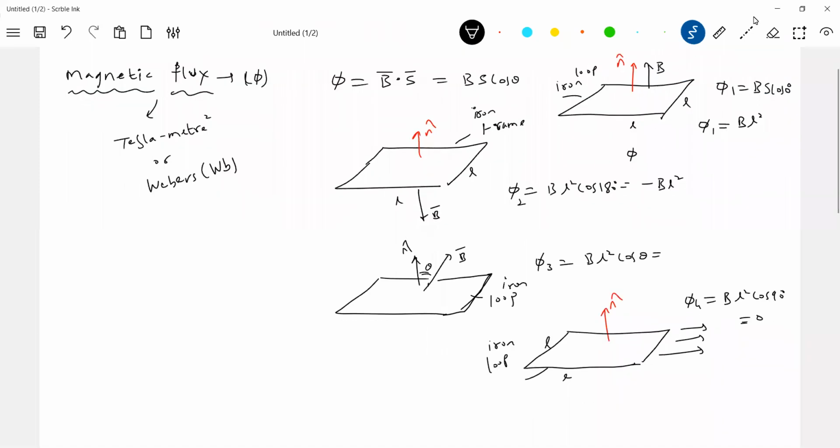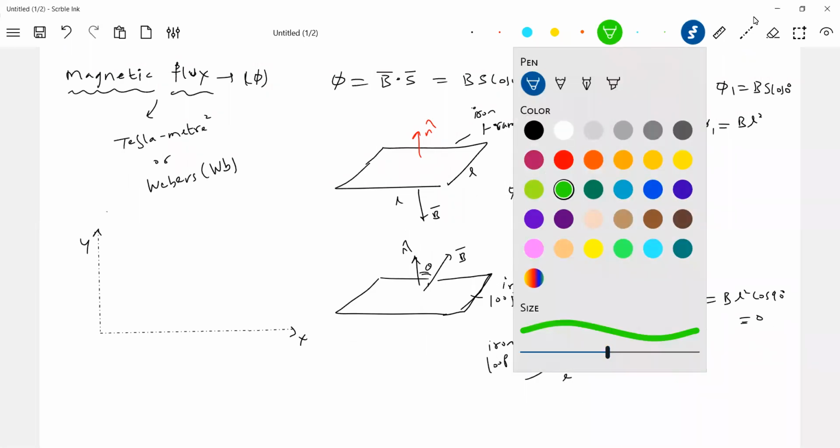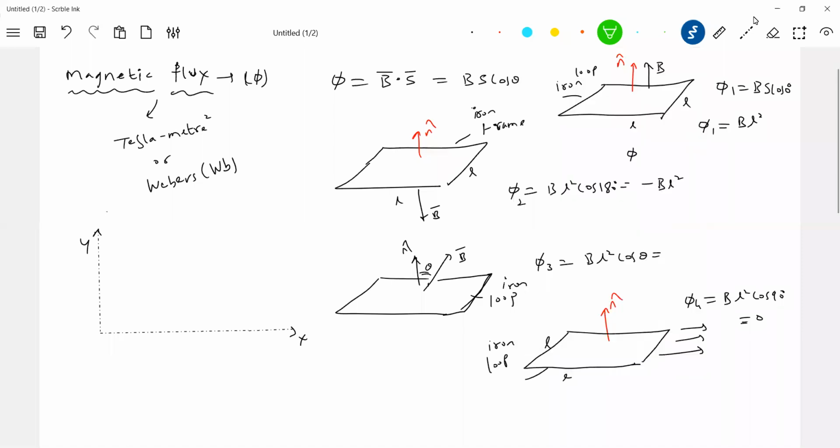So suppose in a region there's a frame, I'm keeping it here.